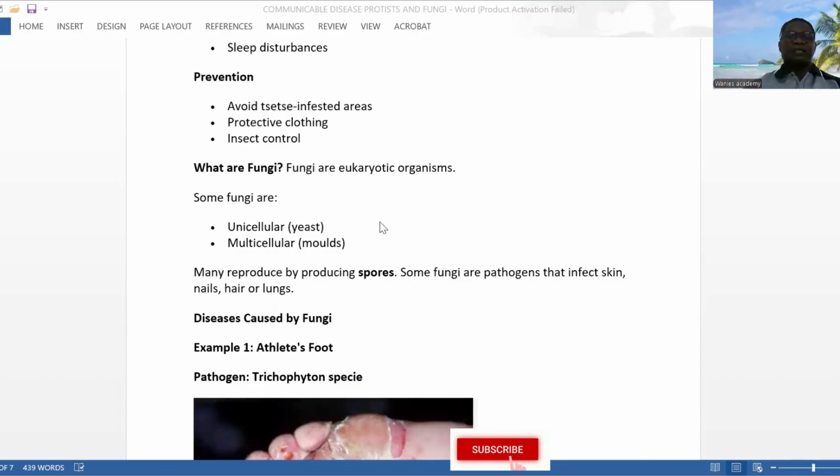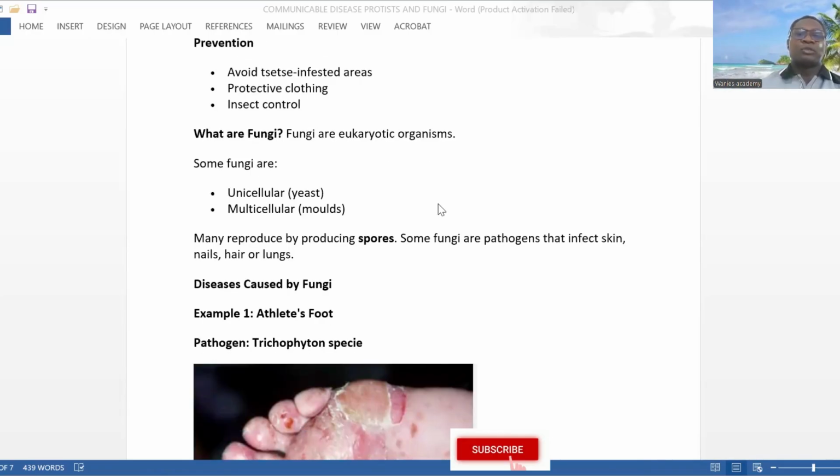Let's look at fungal diseases. Fungi are also eukaryotic because they have a definite nucleus. Fungi can be unicellular or multicellular. Unicellular fungi are yeasts, while multicellular fungi are molds. Molds can be found around rotting food or around athlete's foot.